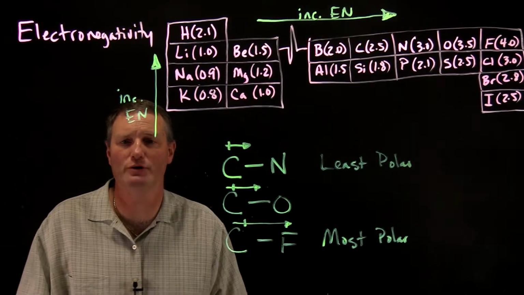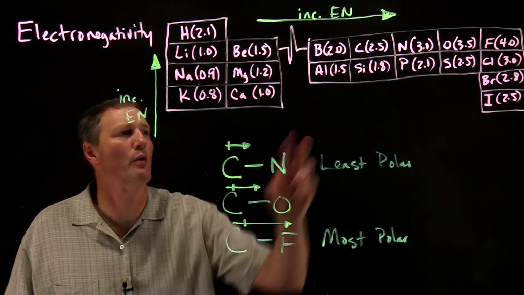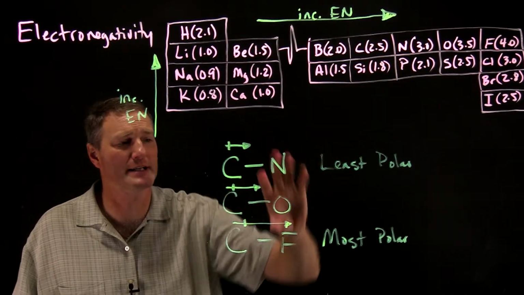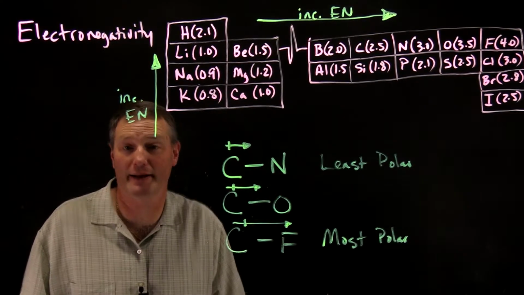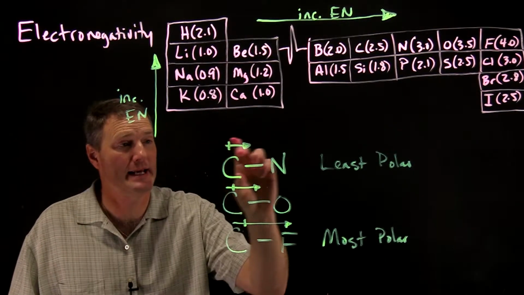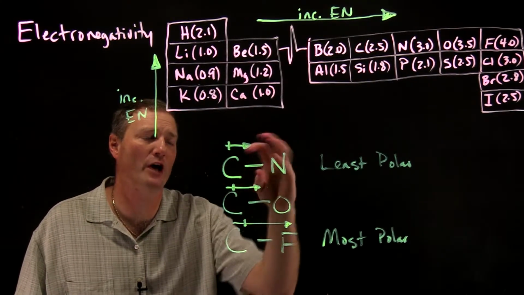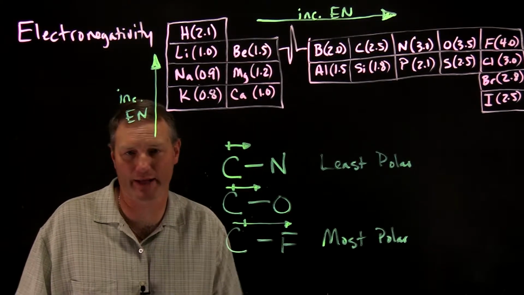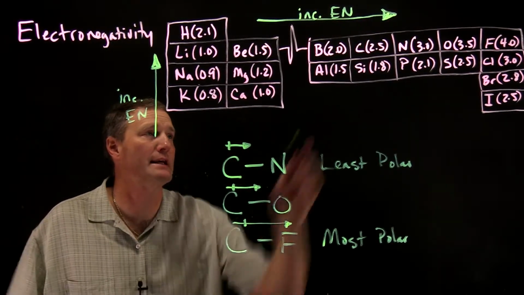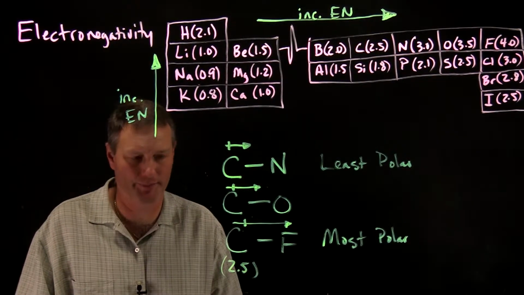When it comes to carbon skeletons, things we're going to be talking about in our class, when we start looking at other atoms that are attached, that brings about this phenomenon called polarity, which again is an asymmetric distribution of electrons. The polarity is always pointing towards the atom that has the higher electronegativity. Carbon sits here at 2.5 on the electronegativity scale.